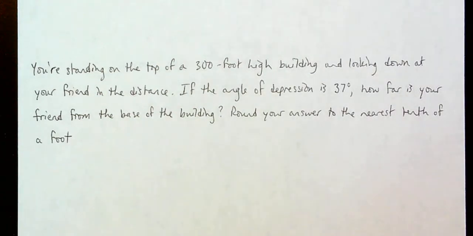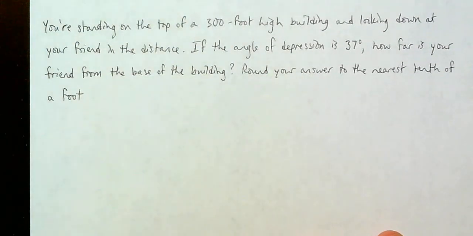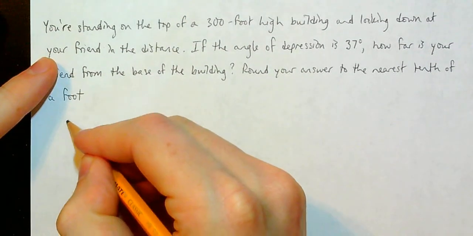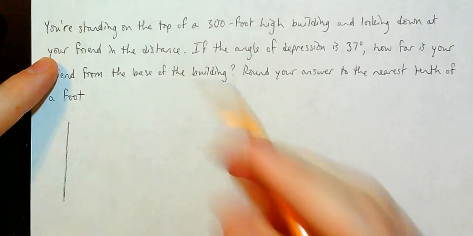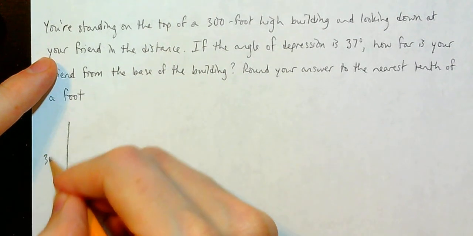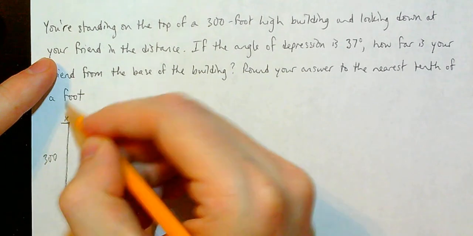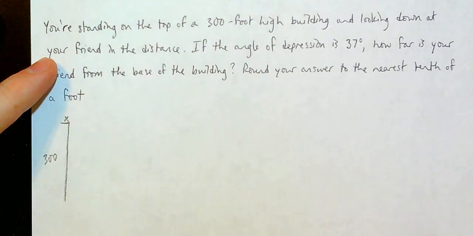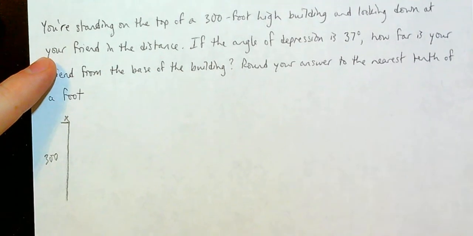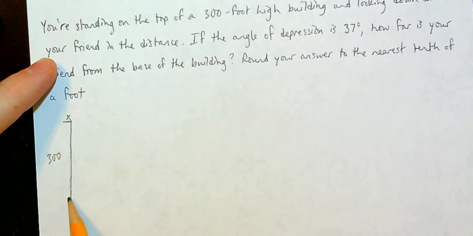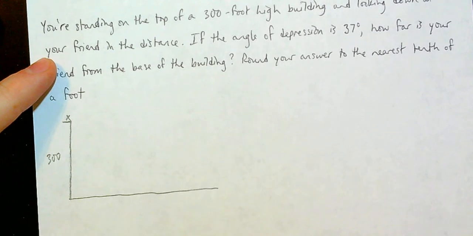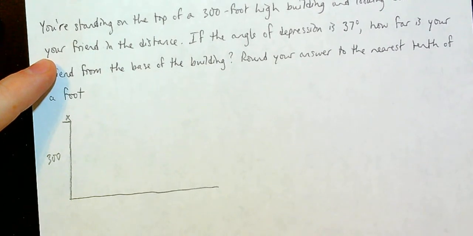So once again, I'm going to sketch out my scenario here. Here's the building that I'm standing on top of. That's me there with the X. Hans is also in there too. And then we have some distance.